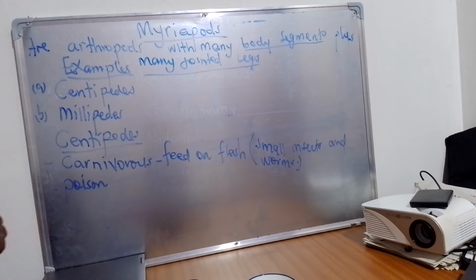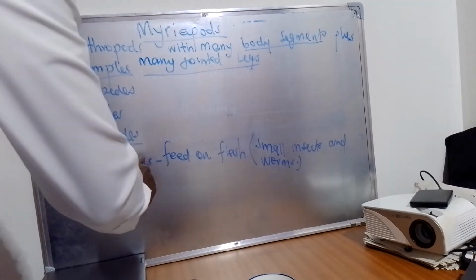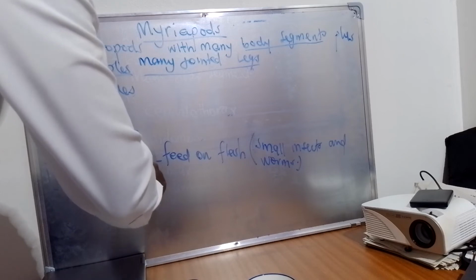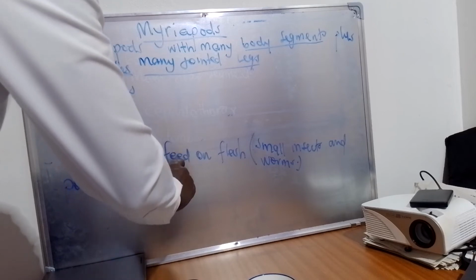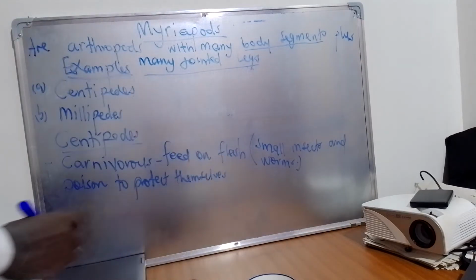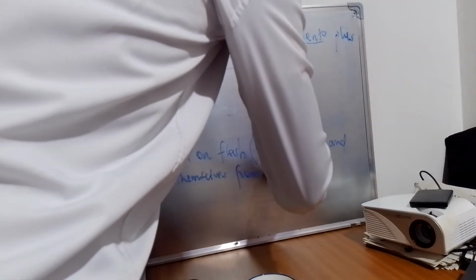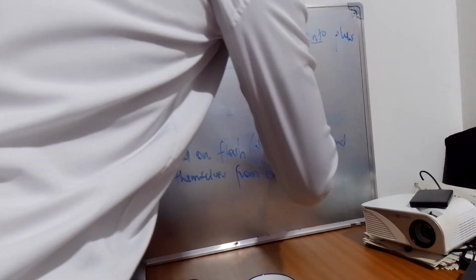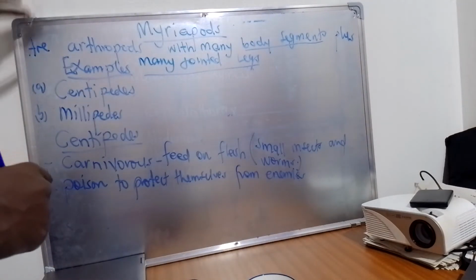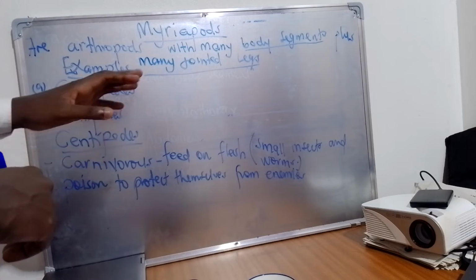They use poison to protect themselves from enemies. Those are centipedes. They are carnivorous. They use poison glands to protect themselves from enemies.